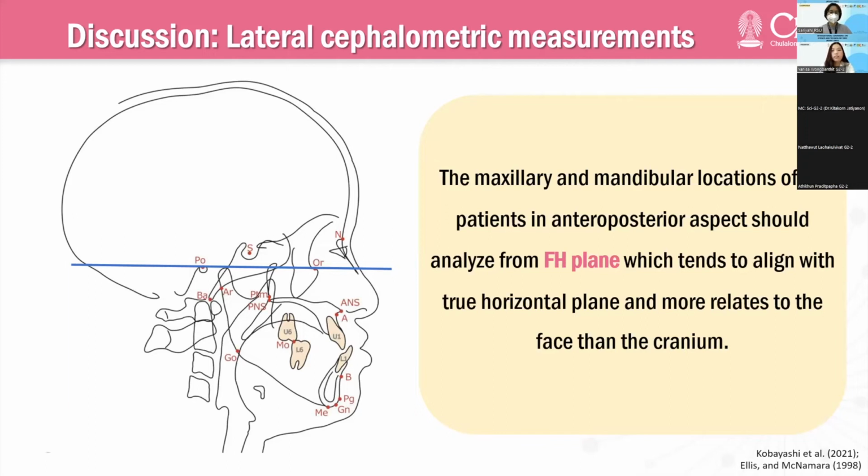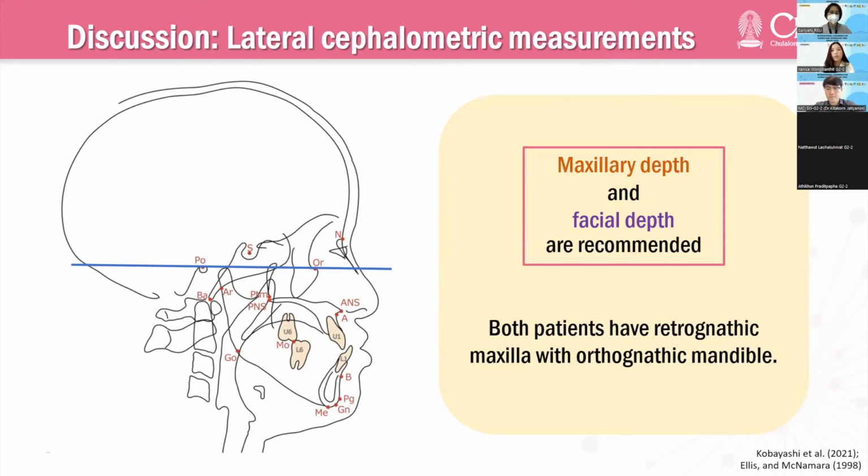So our study suggests that the maxillary and mandibular location of AS patients in the anterior-posterior aspect should be analyzed from the Frankfurt horizontal plane, which tends to align with a true horizontal plane and relates more to the face than the cranium. For that reason, maxillary depth and facial depth are recommended. According to the results of this study, both patients have retrognathic maxilla with orthognathic mandible.